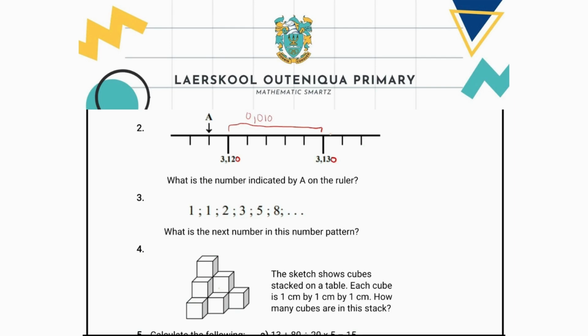And I am going to divide this between 1, 2, 3, 4, 5. So 0.010 divided by 5 will be equal to 0.002.